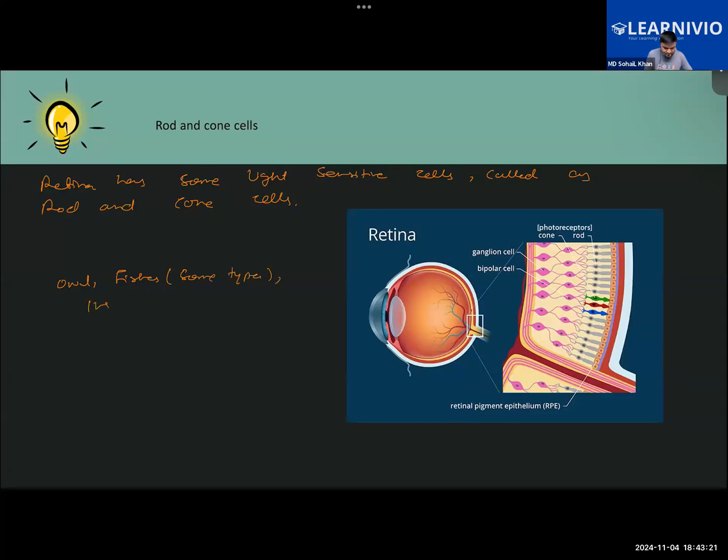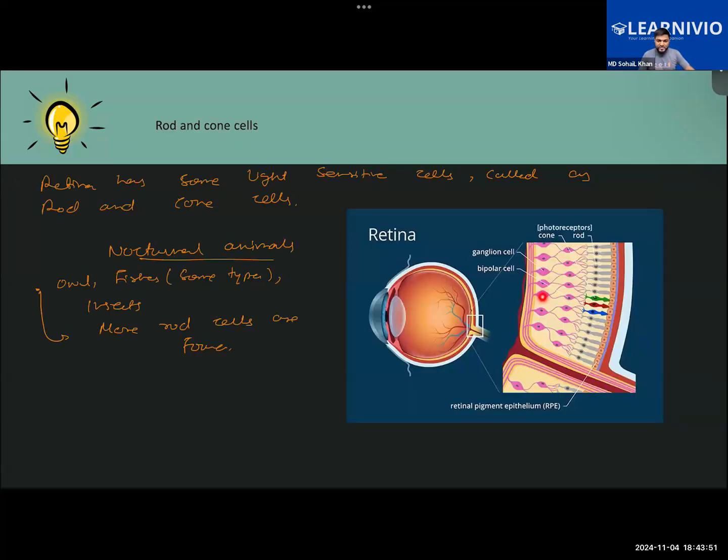They have better vision during the night. We call them nocturnal animals. In them, more rod cells are present. We have learned about the function of the rod cells. They are responsible for providing us the sense of vision during the night. Okay, no? That is one thing.